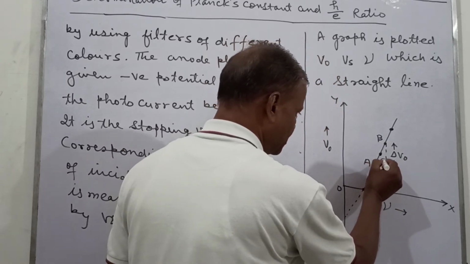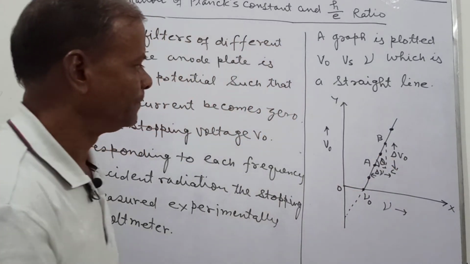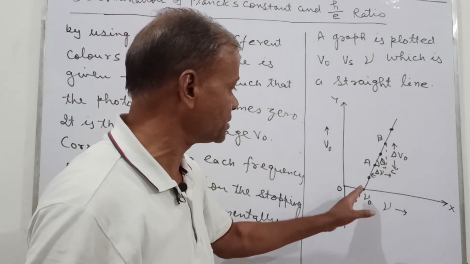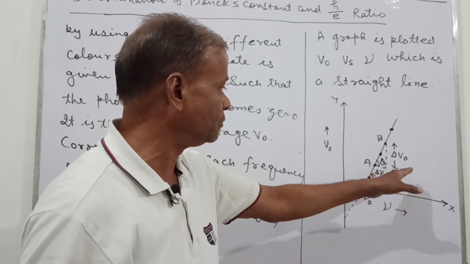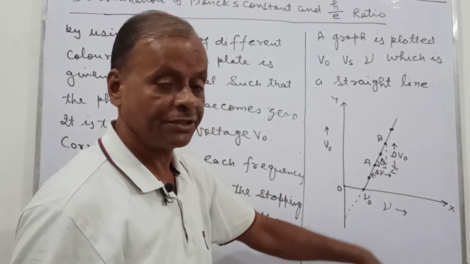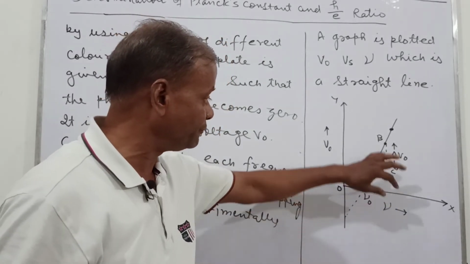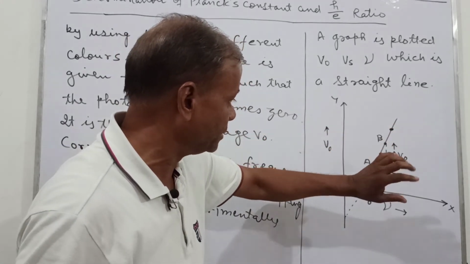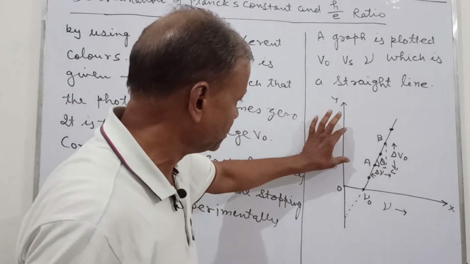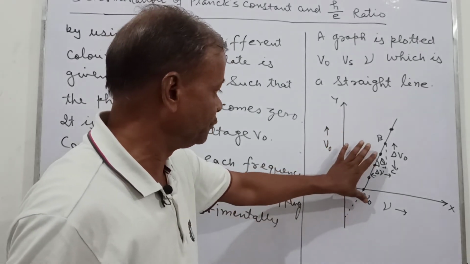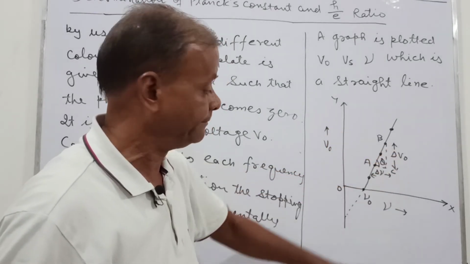This angle is theta, so the slope is tan theta equal to BC upon AC.